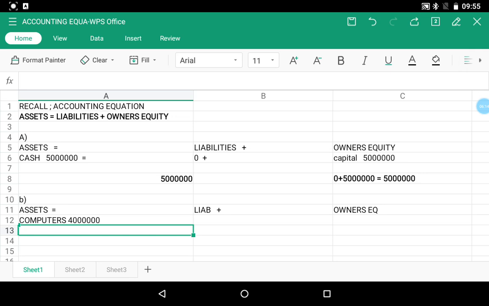Then, but remember, under assets we are also having cash, and remember he used that cash to buy the computers. That means this time we shall not be having the whole cash of 5 million. We shall first get our 5 million and less the amount for computers of 4 million.